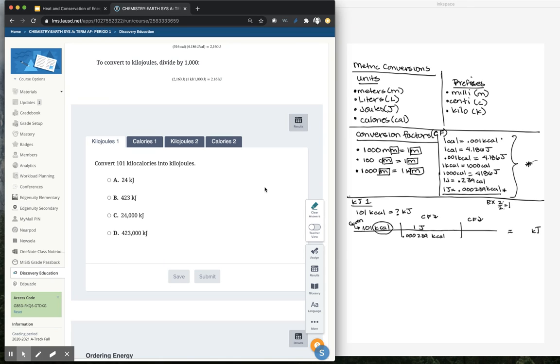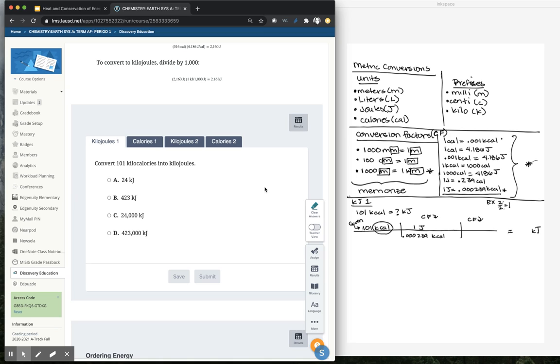Now, before I told you that there are important conversion factors to memorize. And this section right here, you're going to want to memorize these 3 conversion factors because it's super important to go from these 3 different conversion factors. So the conversion factor I'm going to use next is this last one.